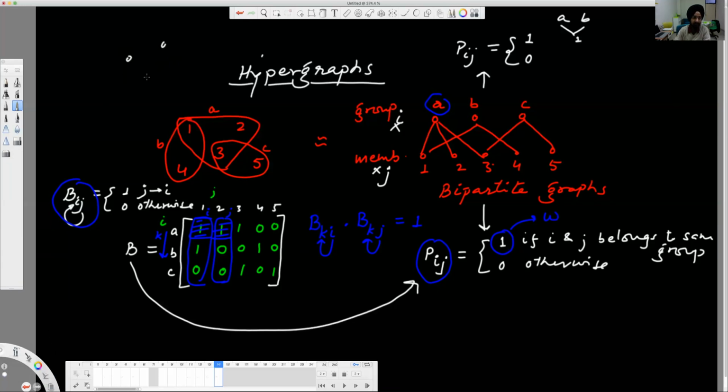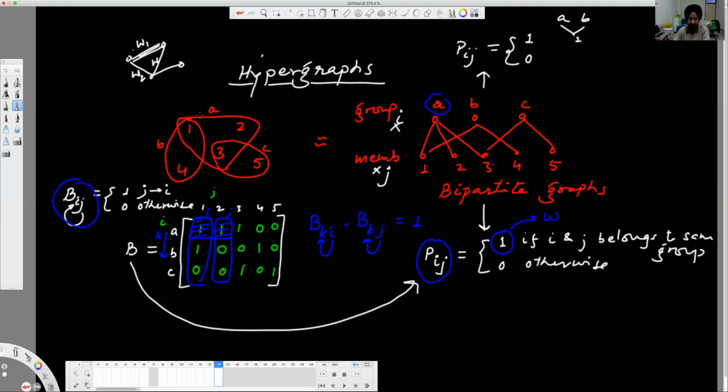Let's say you have some network here. You say that in this network I put more weightage here, W1, as compared to the other ones, W2 and W3. Which can be anything. In the case of a protein-protein interaction network, this could be the affinity of the two proteins. In the case of a social network, this could be the strength of the friendship, and so on.